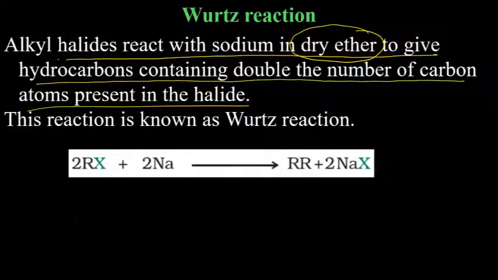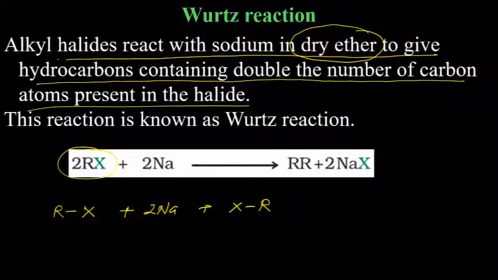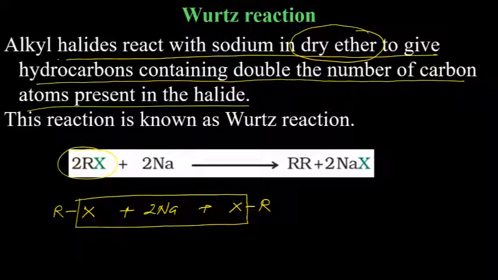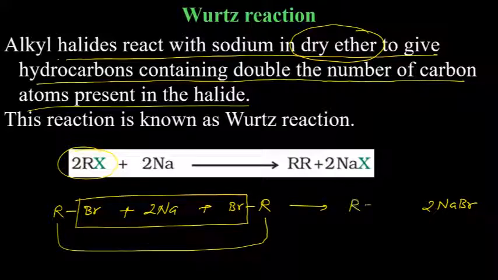The reaction, if you remember, it was like this. 2RX I have written as RX and XR like this. These two react with sodium and produce 2NaX. If this X is bromine, it will be 2NaBr, and this R and R will combine to give you hydrocarbon.